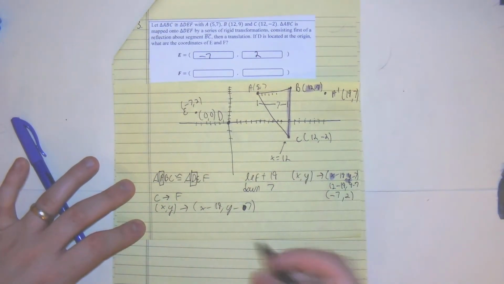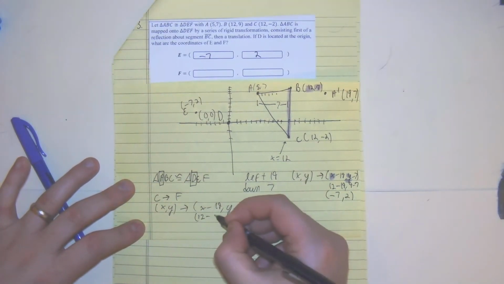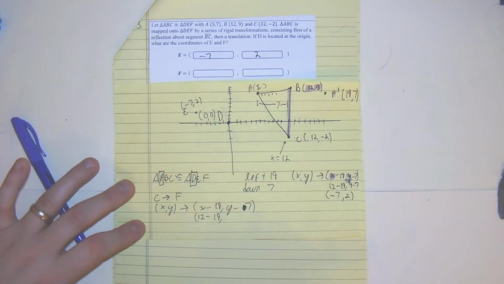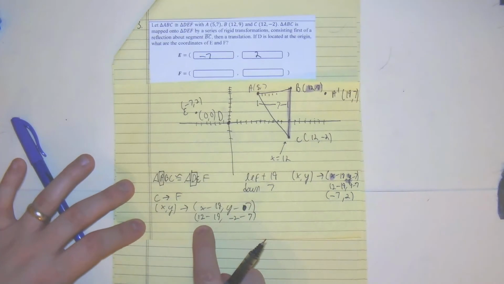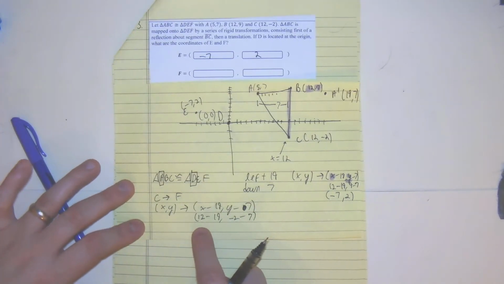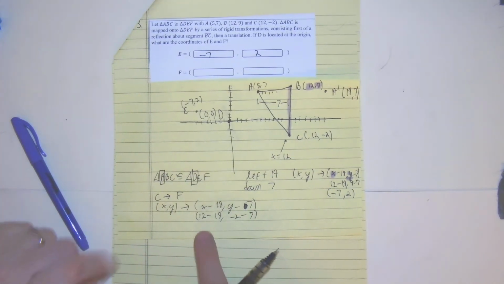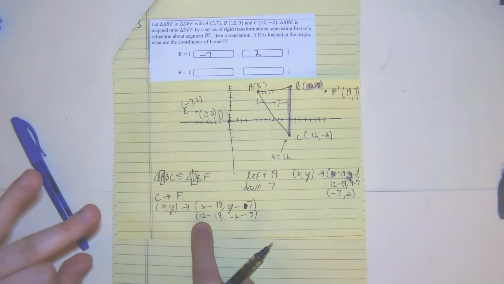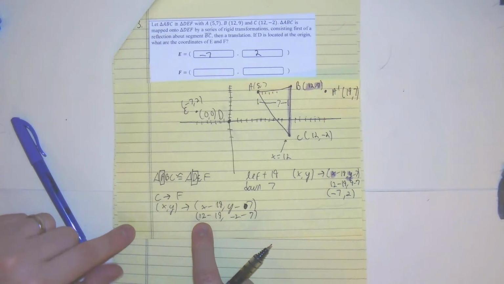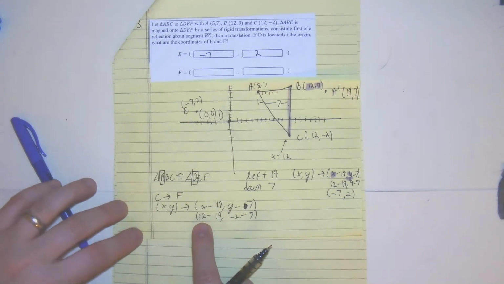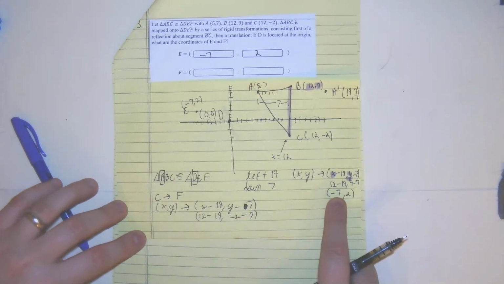So right here, 12 minus 19, and then negative 2 minus 7. 12 minus 19, again, you could do 19 minus 12, or just count the difference. 13, 14, 15, 16, 17. And look, we just found an error. That's good.